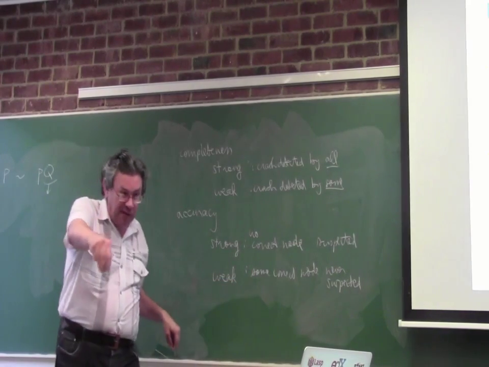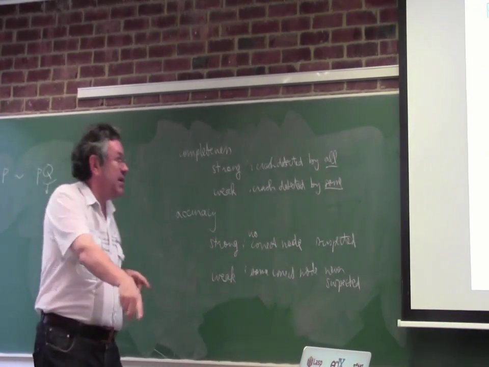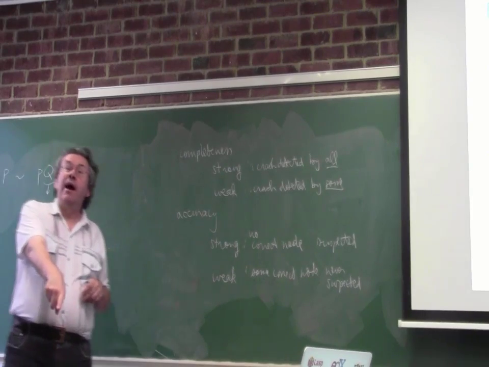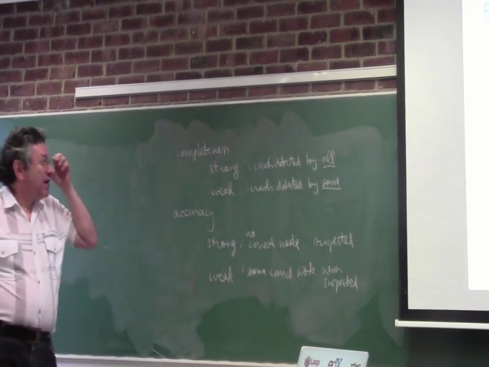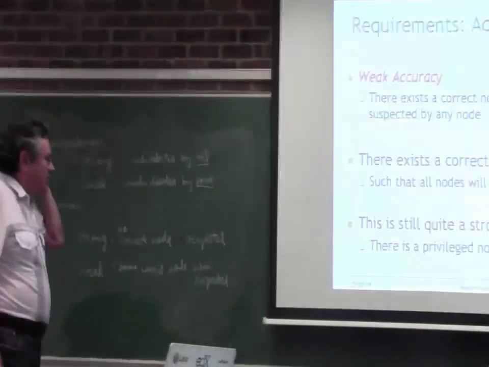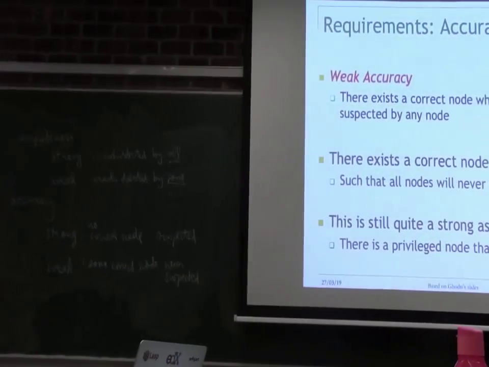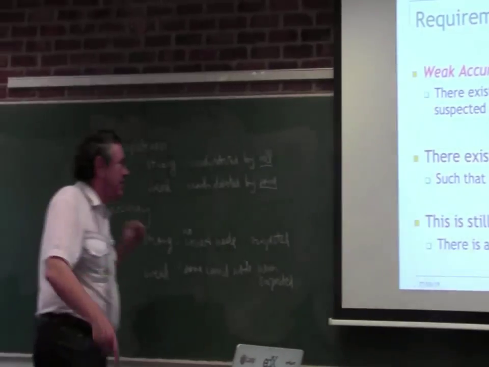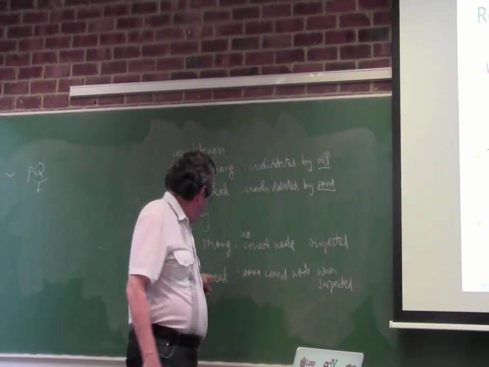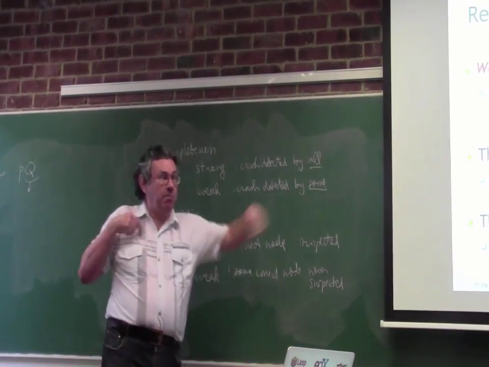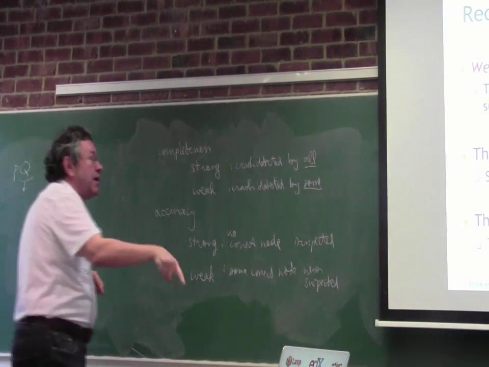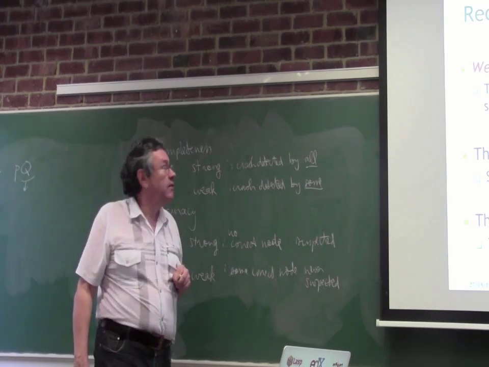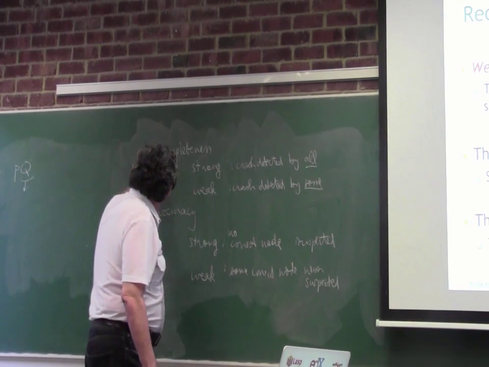If there's a guy on the field, everybody can see whether that guy is fainting or not. Boom, it's very easy. And if that guy does not faint, everybody knows it. So if the guy is not fainting on the field, then we have weak accuracy. Because maybe they make mistakes with respect to each other, but they will not make a mistake with respect to the guy on the field. Okay? So this is important.